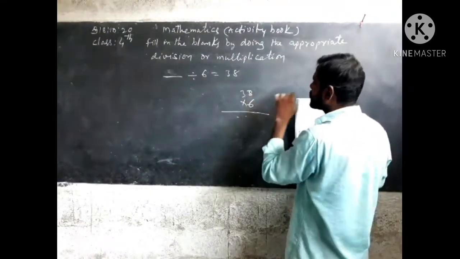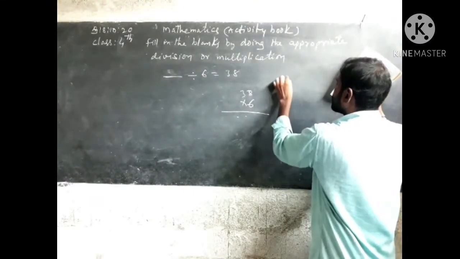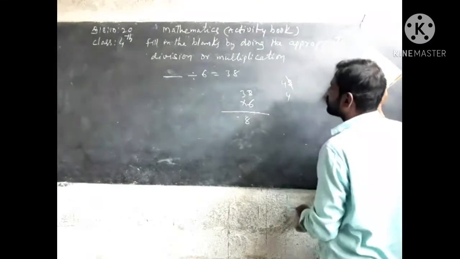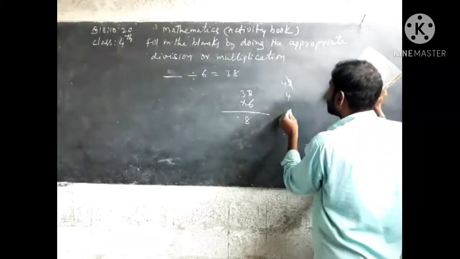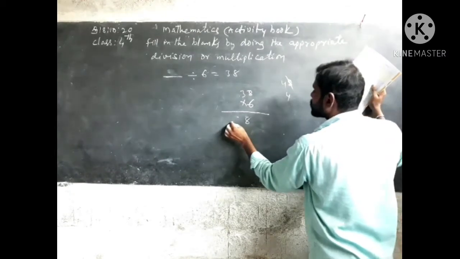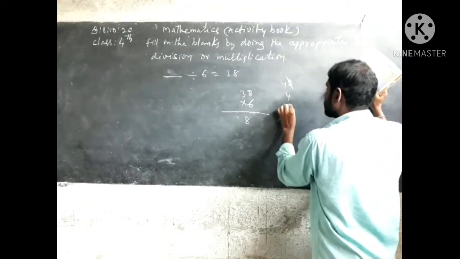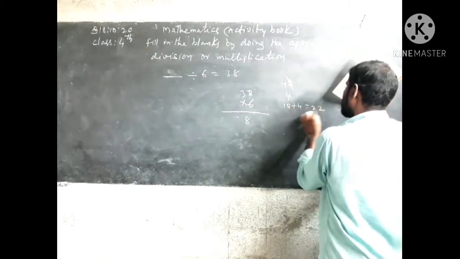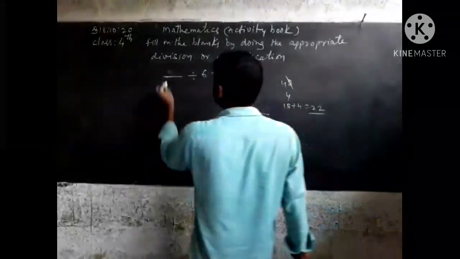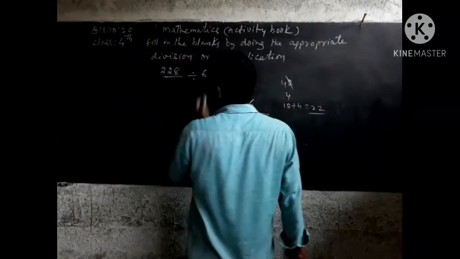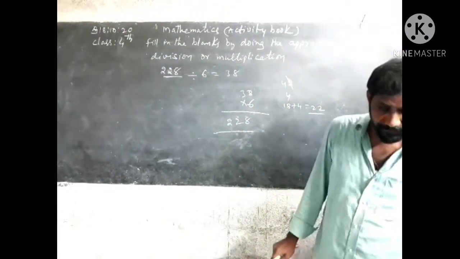So 6 8s are 48, 8 taking, carrying 4. 6 3s are 18, 18 plus 4, 22. So here you can write 228.